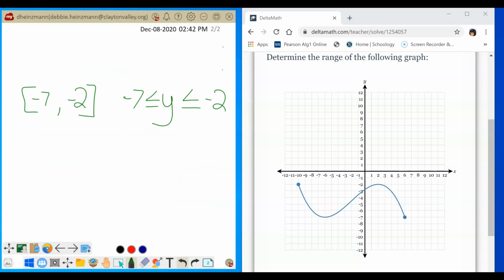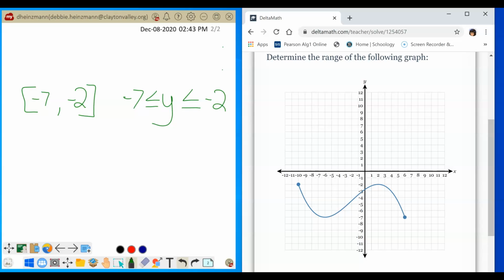So you can see that I've set up the interval. Let's talk about the inequality notation first. So it's obvious that the endpoint of the interval matches the same depth as the lowest point on the actual graph. And likewise, the endpoint at the upper end matches the highest point on the graph.